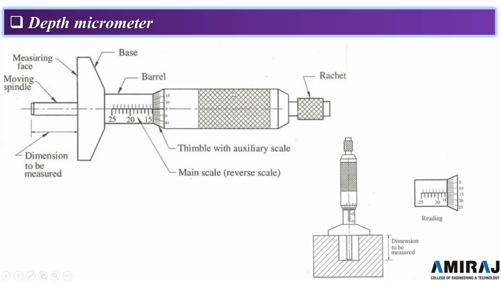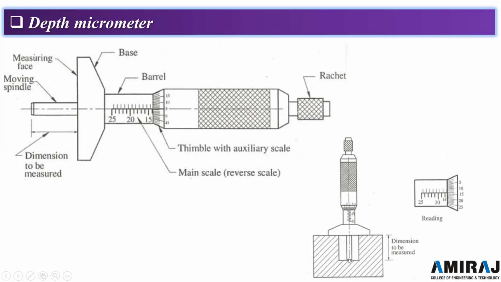Now all the parts are similar, but the main difference is that there is one moving spindle and a base. The base is a very flat, highly finished surface, which is used for keeping the micrometer parallel with the workpiece, so that it can stay on this surface very nicely.